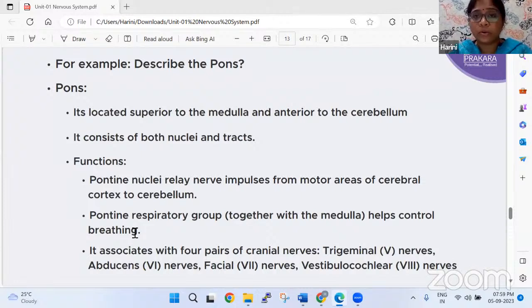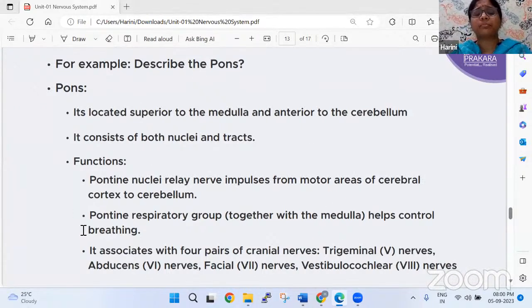Medulla oblongata is mainly the breathing center, but the pons also helps in the control of breathing. Next, it associates with four cranial nerves: trigeminal, the fifth cranial nerve; abducens, the sixth; facial, the seventh; and vestibulocochlear, the eighth.